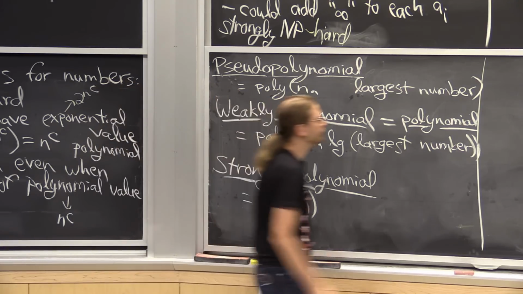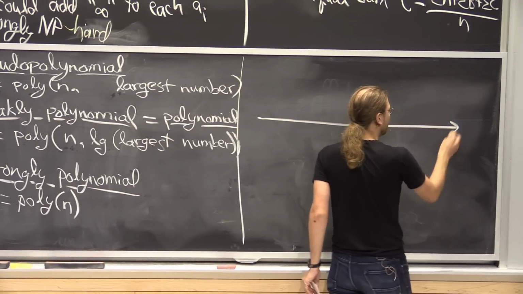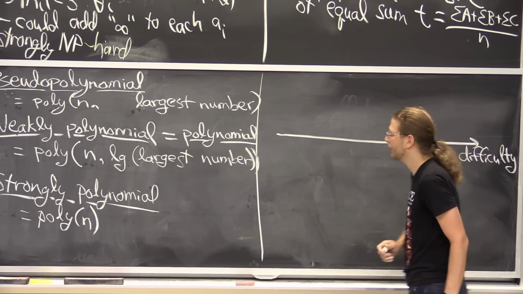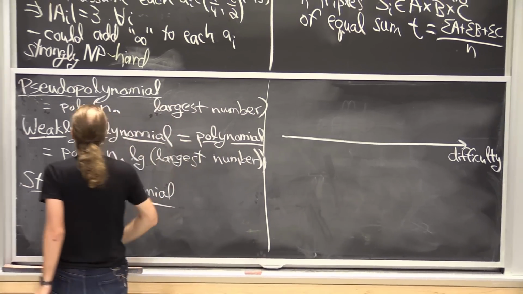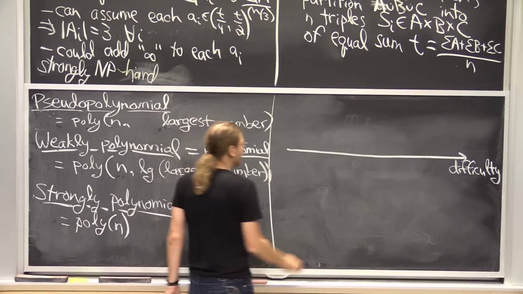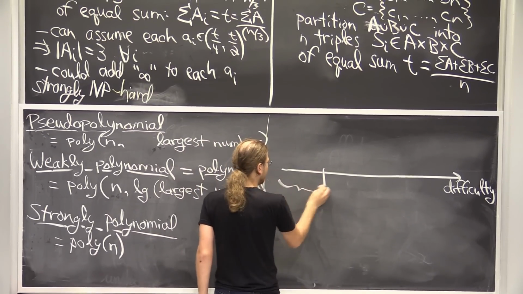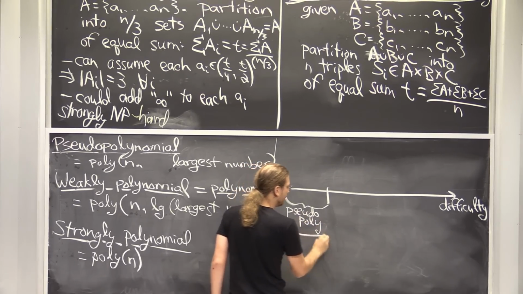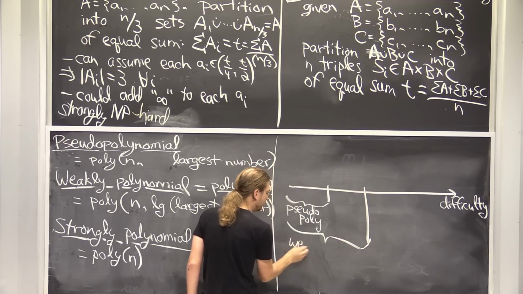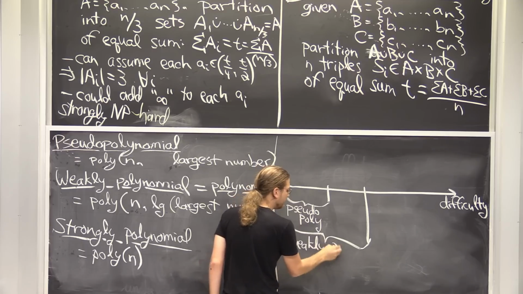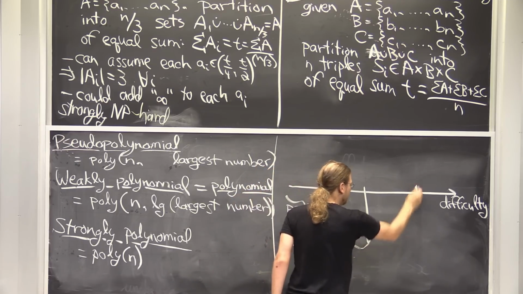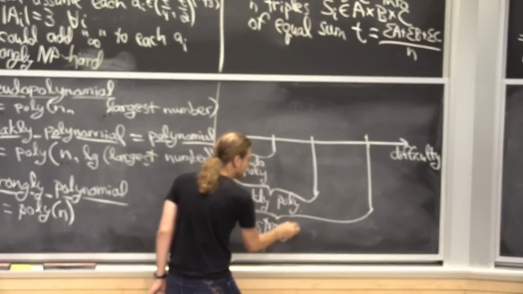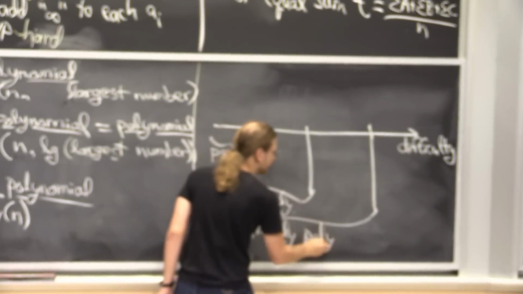Good, so let me draw my favorite diagram with the difficulty axis. But now instead of P, I'm going to distinguish between weakly polynomial, pseudo-polynomial, and strongly polynomial. So these things are pseudo-poly. These things are weakly poly. And these things are strongly poly. This is on the algorithm side, upper bounds, being left of a particular position.